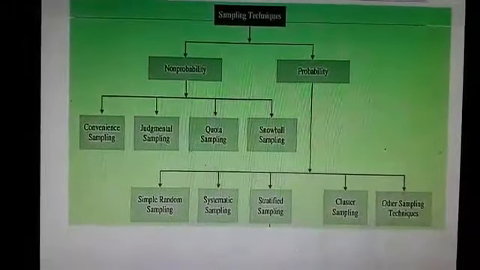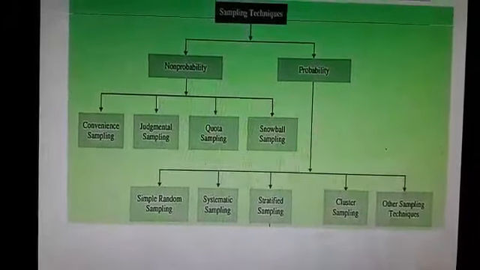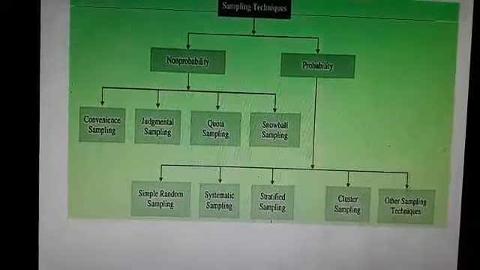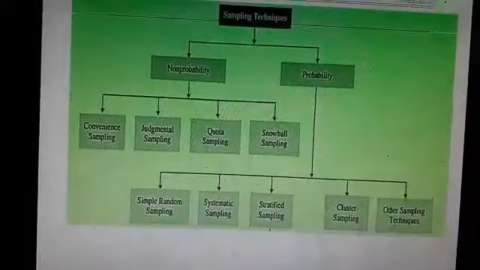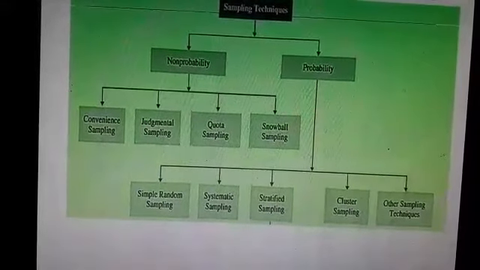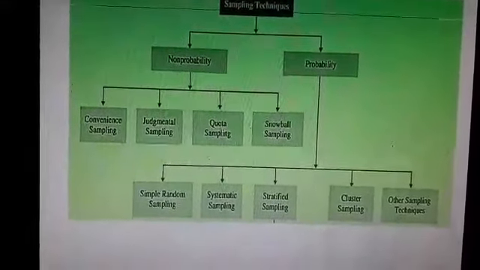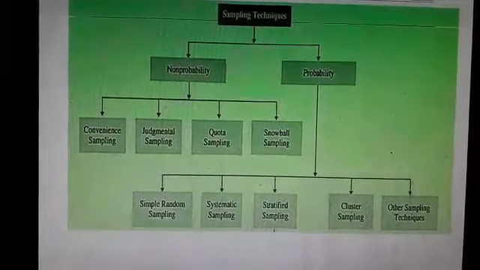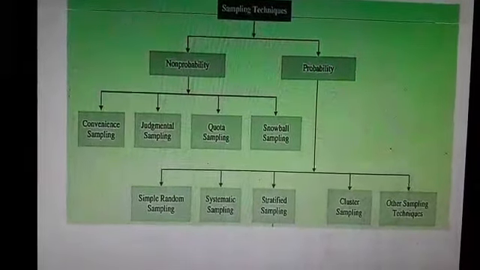In probability we have simple random sampling, systematic sampling, stratified sampling, cluster sampling, and other types of sampling techniques. And in non-probability we have convenience sampling, judgmental sampling, quota sampling, and snowball sampling.